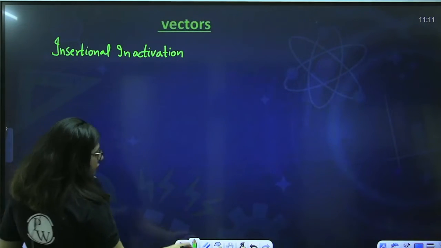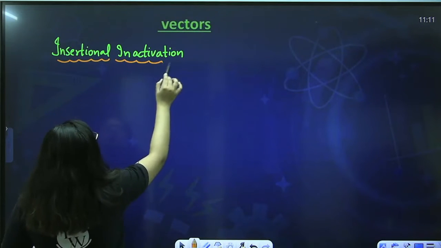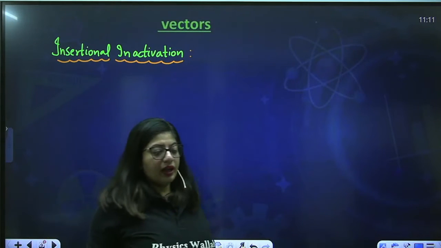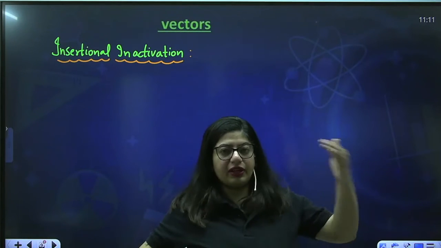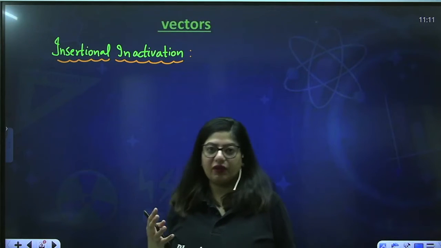So what happens in insertional inactivation? Insertional means we are inserting something. Inactivation, something is getting inactivated.